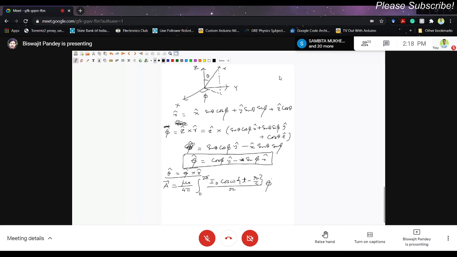This was the original expression, with phi cap and b d phi. Since we have to integrate over d phi, that's why I am using the limit 0 to 2 pi. And let us now write down the different values that we have simplified. Mu 0 by 4 pi, 0 to 2 pi, I0 cos omega, and then you see we have calculated curly r. What was curly r?